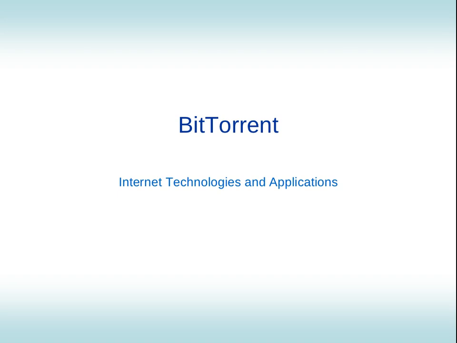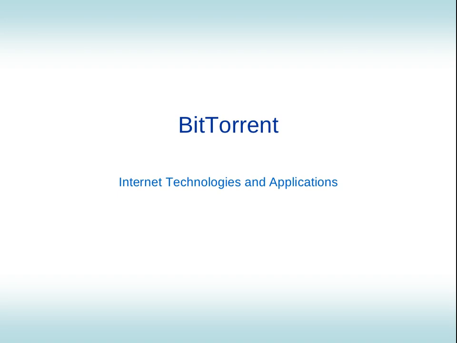Let's look at Bittorrent as an example of data transfer in a peer-to-peer system. How we can make it more efficient than using just a server. We won't look at how search works in any detail.